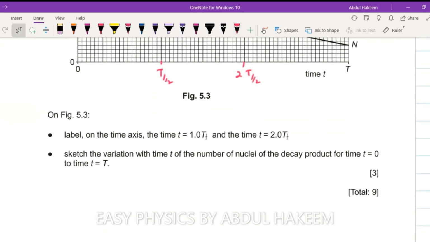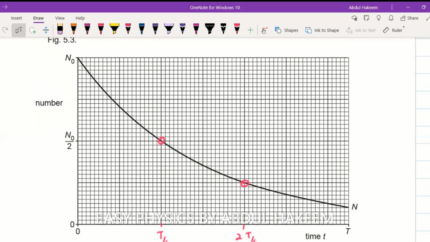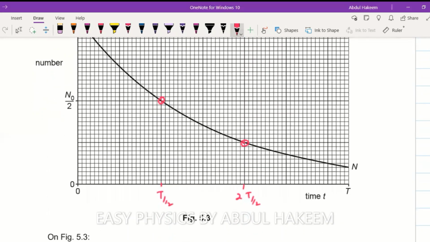Next, sketch the variation with time T of the number of nuclei of the decay product, for time 0 to time T. Look, initially, at the start of the decay, the radioactive nuclei number N0 and the daughter element is 0.